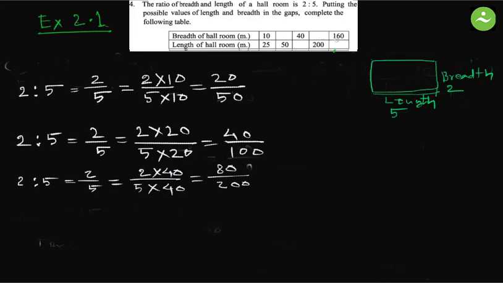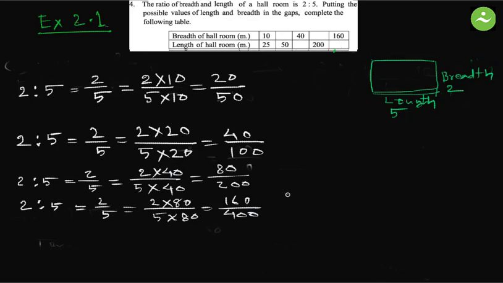Next, when the first number is 160, what will be the second number? Start from ratio 2:5 equals to 2 by 5 equals to, the first number has to be 160. If we multiply 2 by 80, this becomes 160. So we have to multiply 5 also by 80, equals to 160 by 400. We got the answer. This has to be 400.